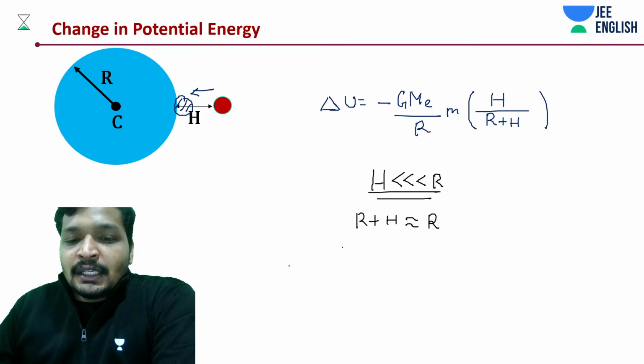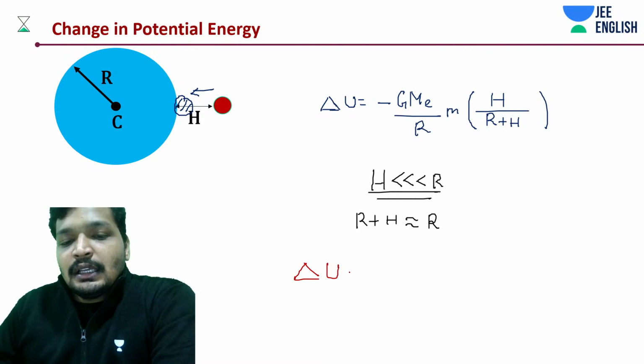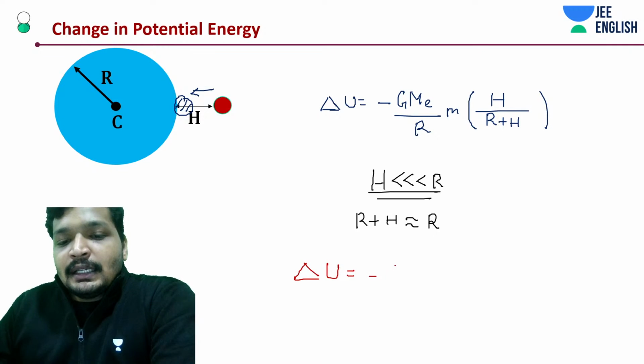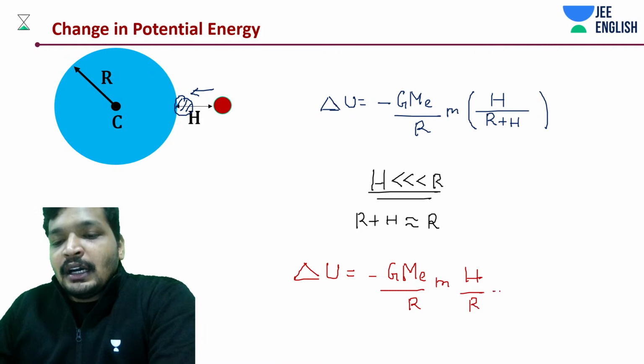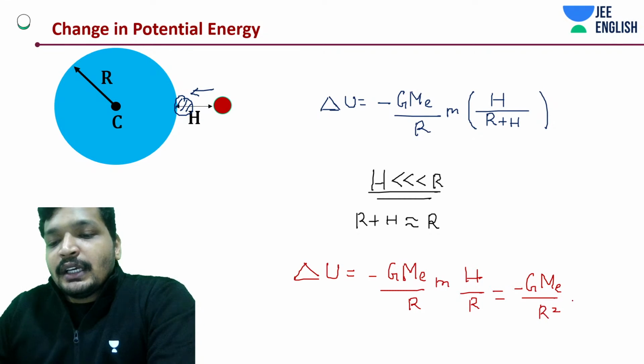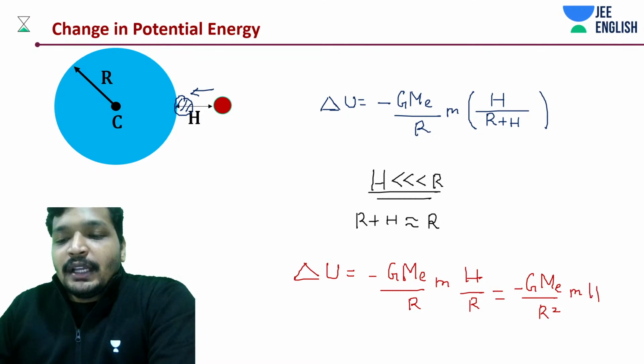So in this case, we can again define potential energy as minus G M_e by r into m into h divided by r, which is going to be minus G M_e by r square into m into h.